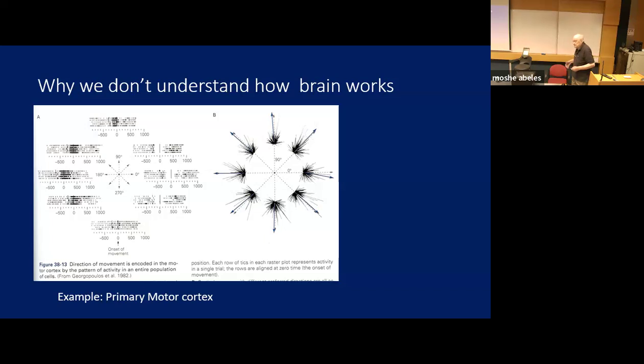Georgopoulos measured single unit activities in this way for hundreds of neurons in the primary motor cortex. If he thinks of this activity, the rate of firing here, as the size of a vector pushing the arm in this direction, and you have 100 or 200 neurons like this, you get for each direction 200 vectors.